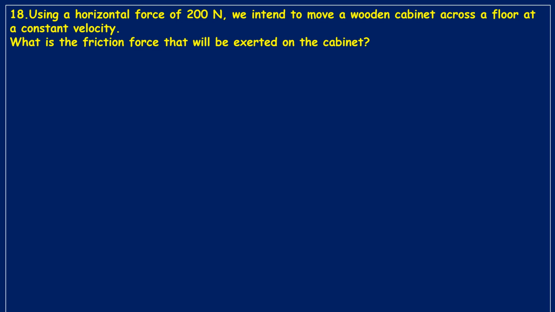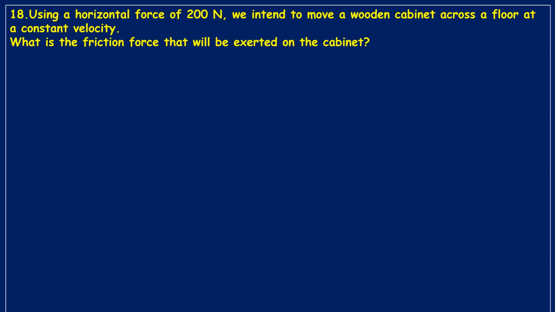So constant velocity is a physical quantity, force is a physical quantity. Now the third one: we have to find out what is the friction force that will be exerted on the cabinet. Whenever you move an object across the floor, definitely one more force acts opposite to that, which is the frictional force.